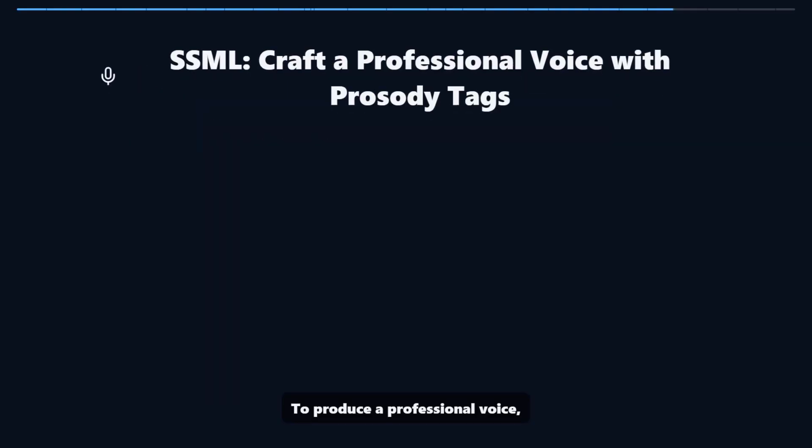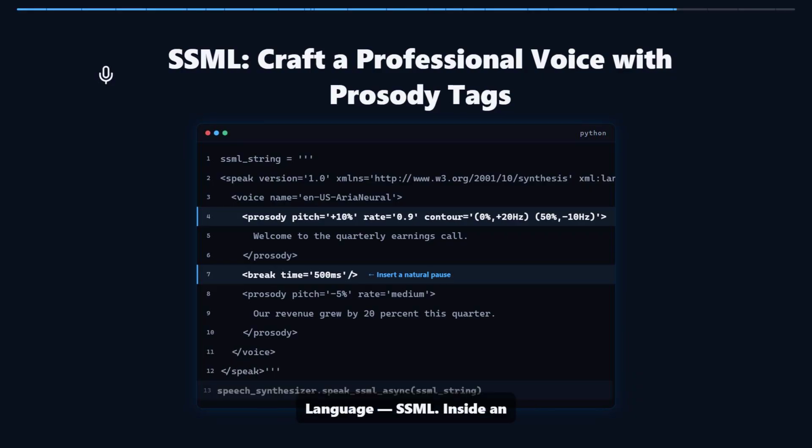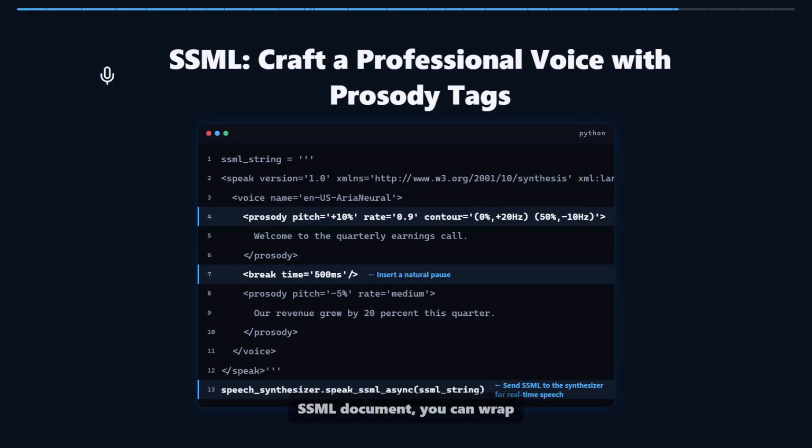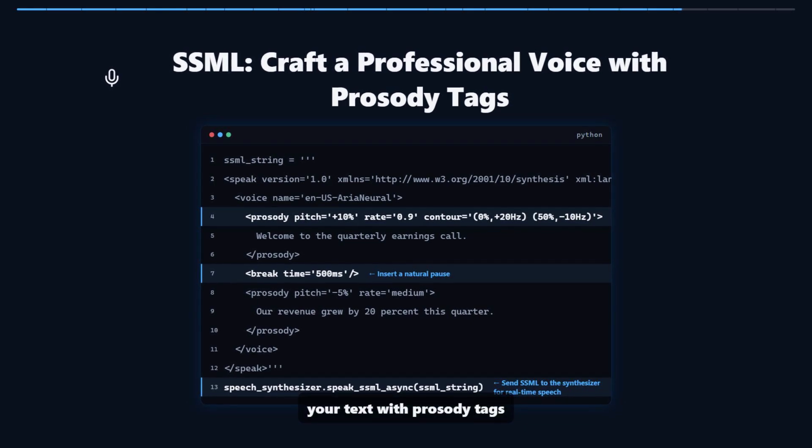To produce a professional voice, you use Speech Synthesis Markup Language, SSML. Inside an SSML document, you can wrap your text with prosody tags to control pitch, speaking rate, and even pitch contour.